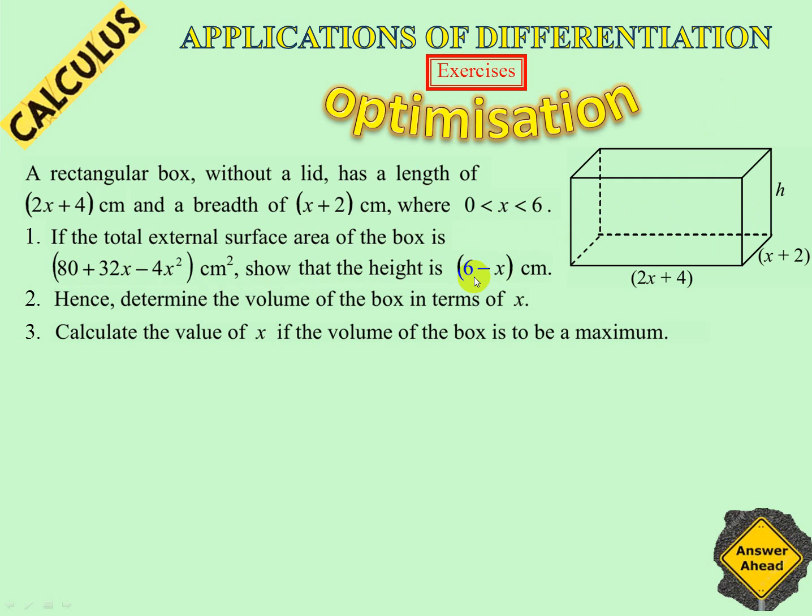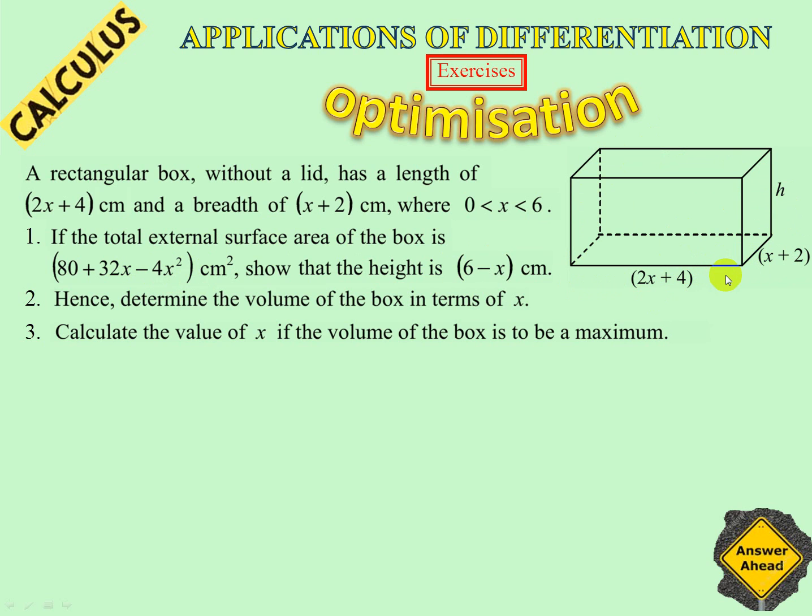By the way, here's the answer. We can find the surface area in terms of x and h, and then we know it in terms of just x. So find it in terms of x and h, and then equate to that and solve for h.